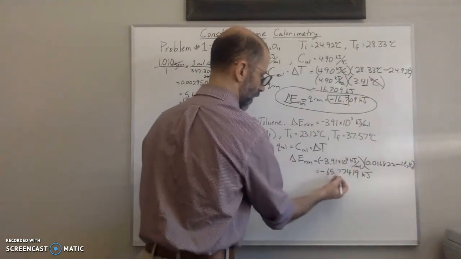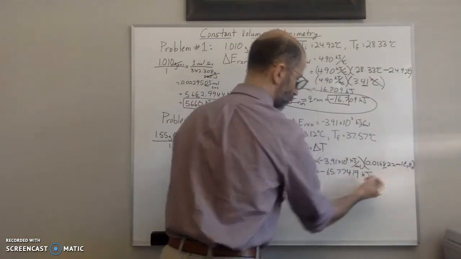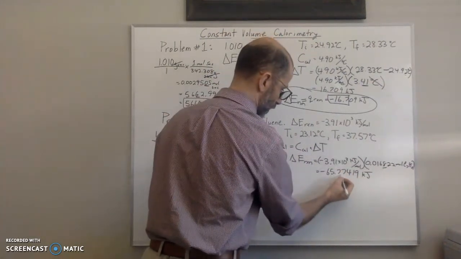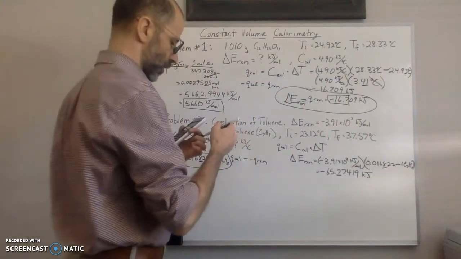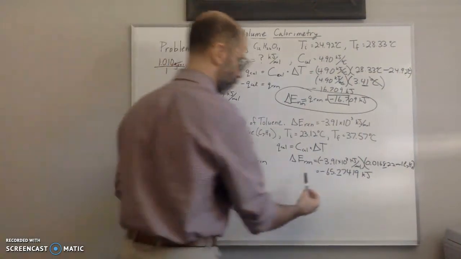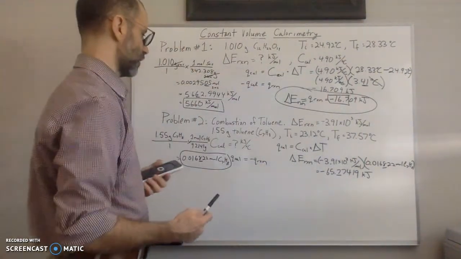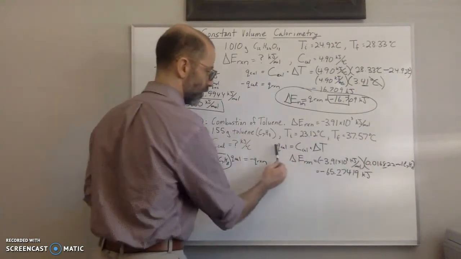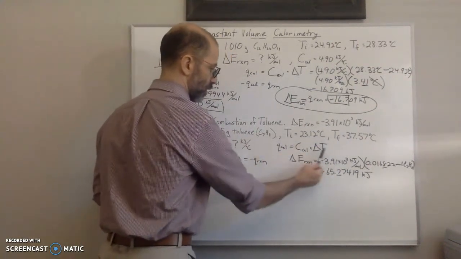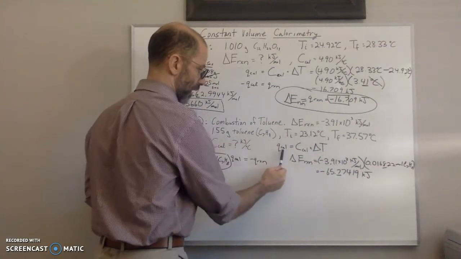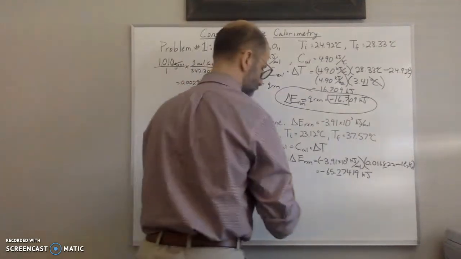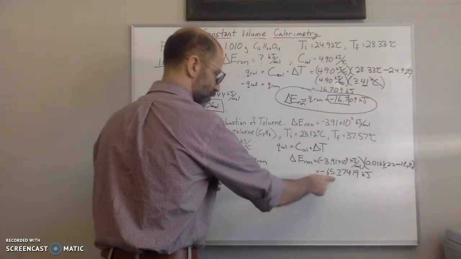And again, keeping track of our sig figs, we had 3 here, and we have 3 here. So we're going to have 3 here. So we're going to cut it off there, but we're not done with our calculation because we're being asked for the calorimeter constant. So now we can use this equation plus the change in temperature and the Q of the calorimeter, which is going to be equal but opposite to this number.